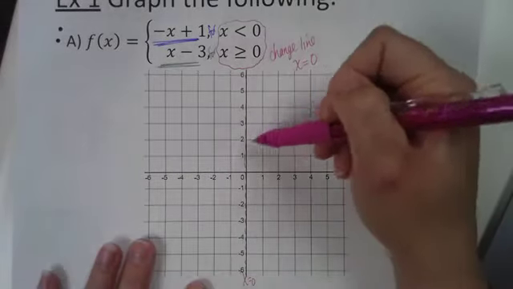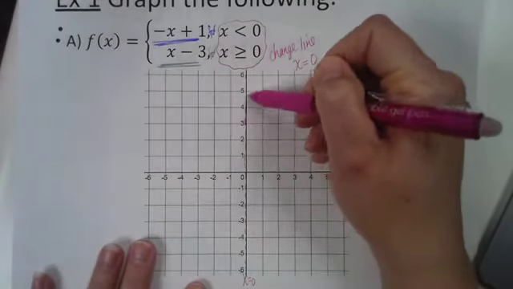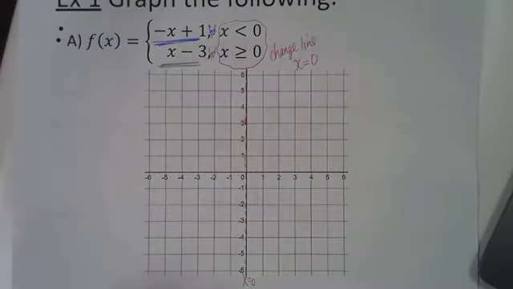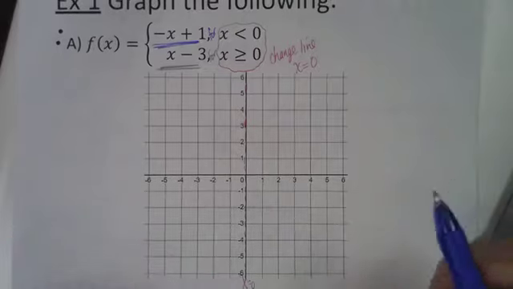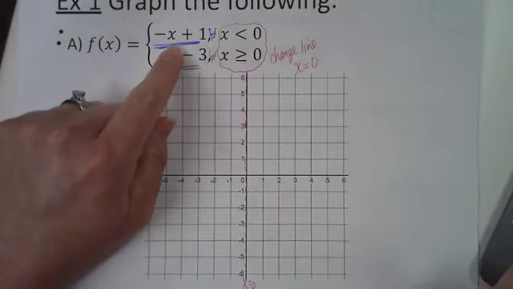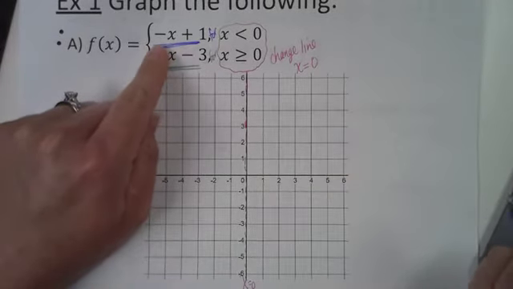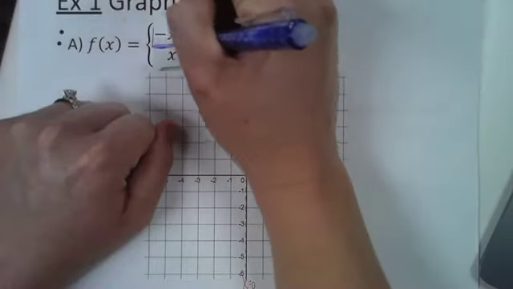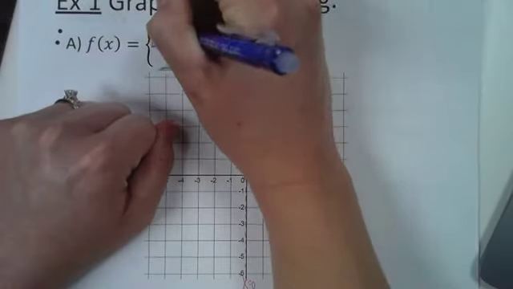And that's where things are going to change. Can't really see it because it's right on the line there, but then you're going to take your pencil, and we're very lightly going to graph this first line. Negative x plus 1. This is the first line we're going to graph.